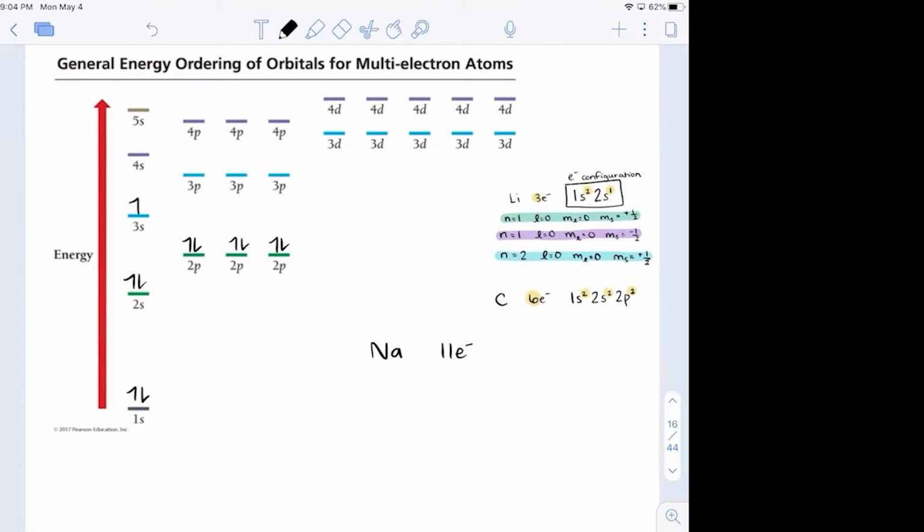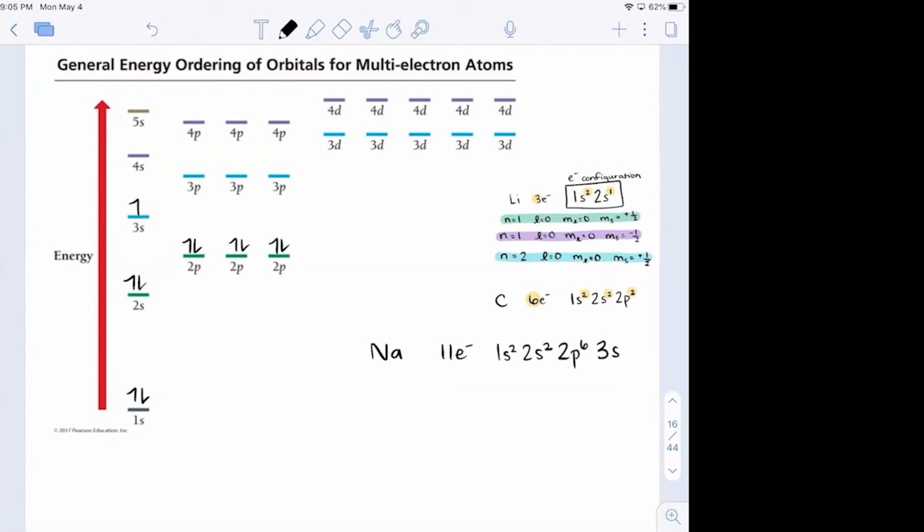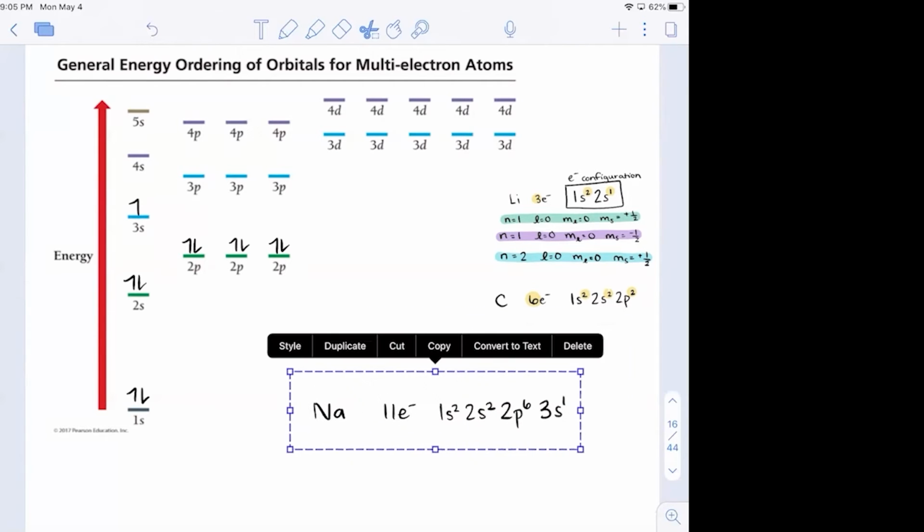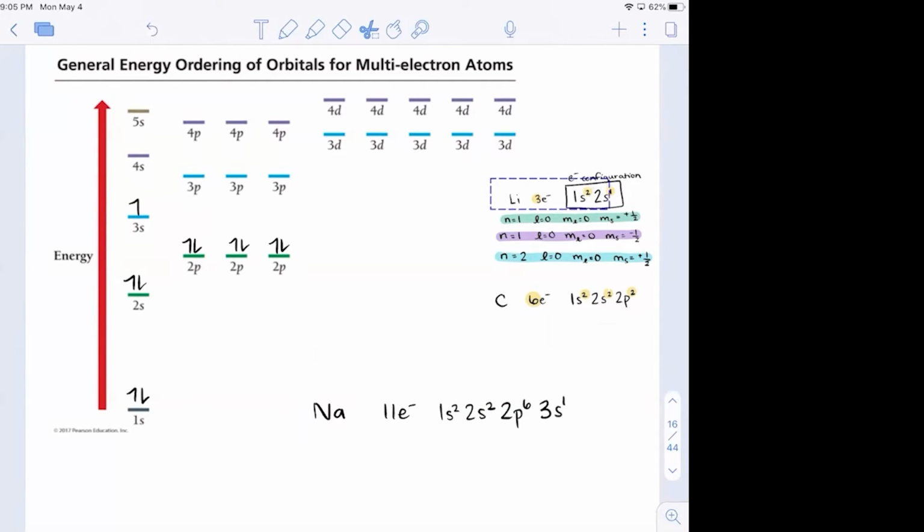Then I was able to pair before moving on to the 3s, the higher energy orbital. Full electron configuration, 1s2, 2s2, 2p6, and 3s1.